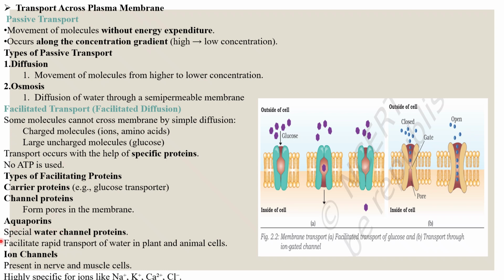The aquaporins are special channel proteins which facilitate rapid transport of water in plant and animal cells. And ion channels are present in the nerve and muscle cells. These are highly specific, and they allow the transport of ions like sodium, potassium, calcium, and chloride.